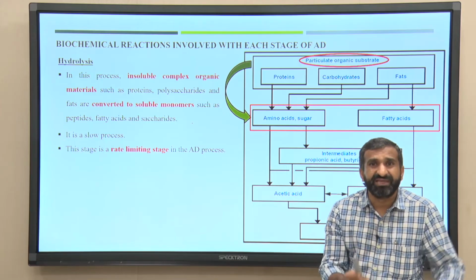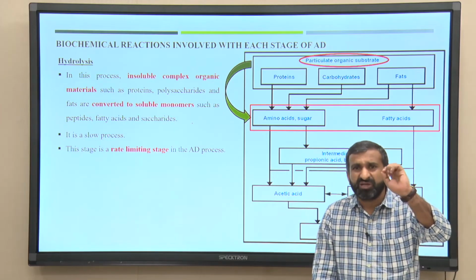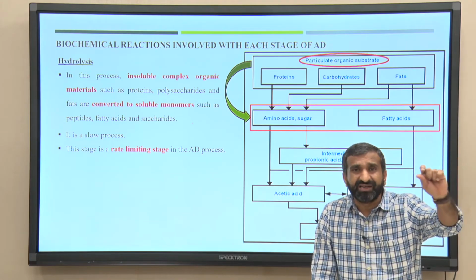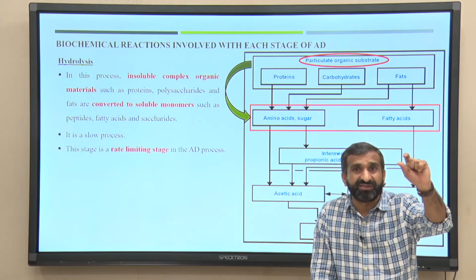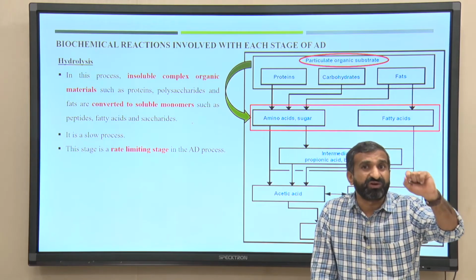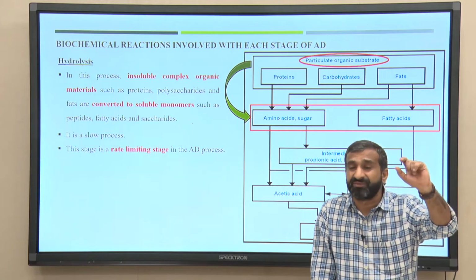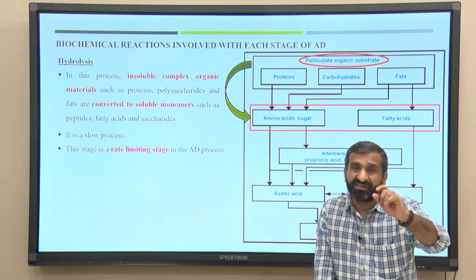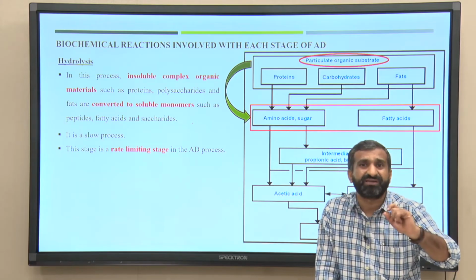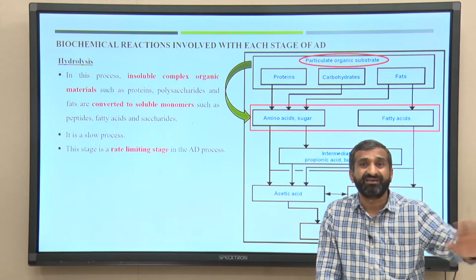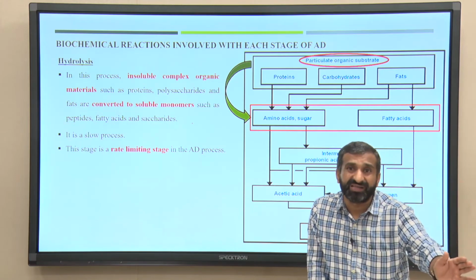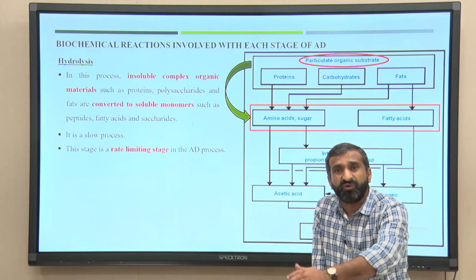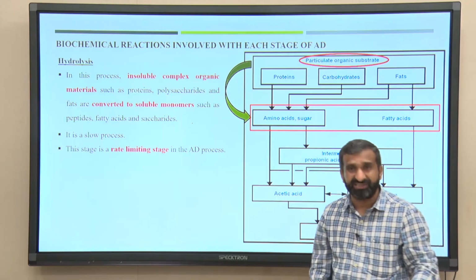This means we convert the particles to 3 mm, 4 mm size. Like in composting, where I proposed that a size of 1 or 2 centimeters is good for the bacterial degradation process, here a size of 3 mm, 4 mm is highly beneficial for the anaerobic bacteria. Mechanical grinding is one kind of hydrolysis or pre-treatment process, and then the material goes directly to the acid forming stage.